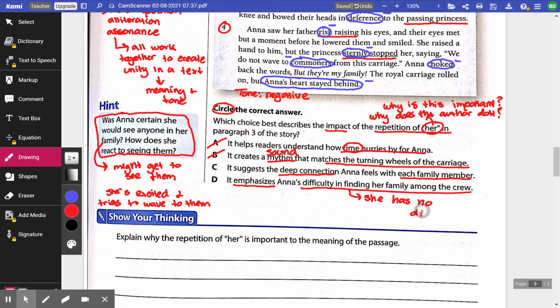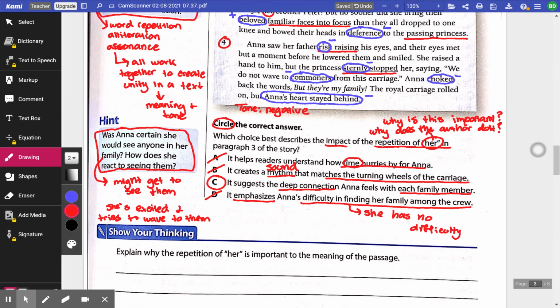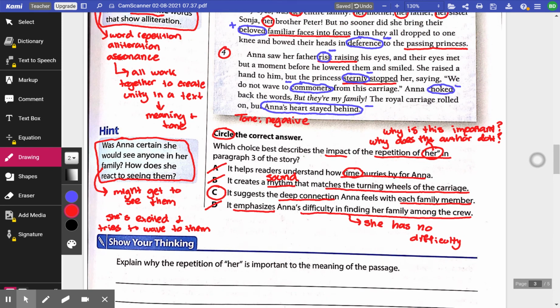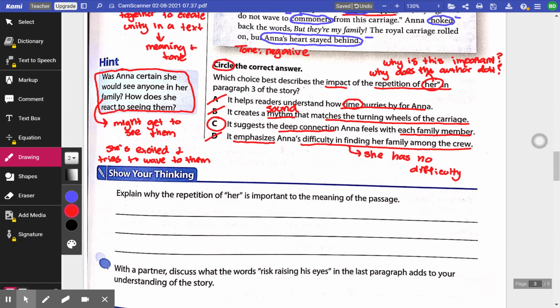She spots them immediately. So answer choice D is just incorrect all around because it's not true. Answer choice C is the only one that works for us, because it's the only one expressing her deep connection to her family members. So answer choice C is the best one.